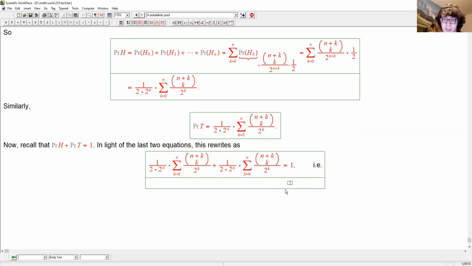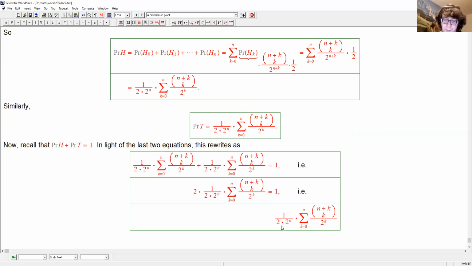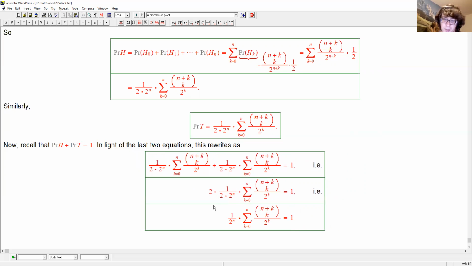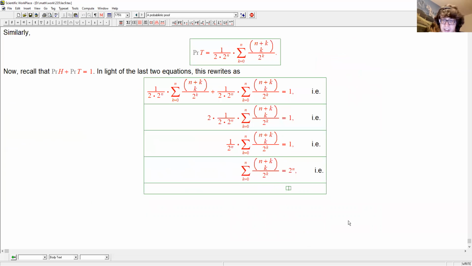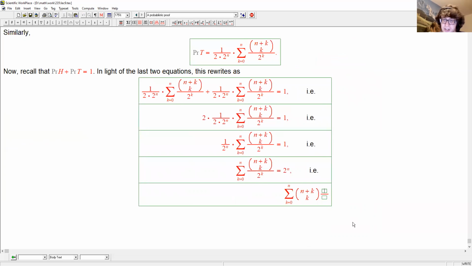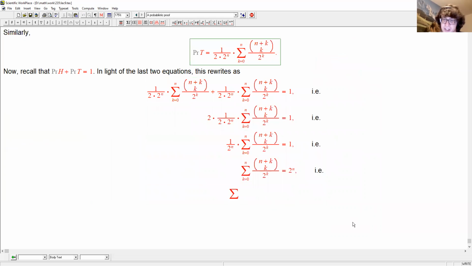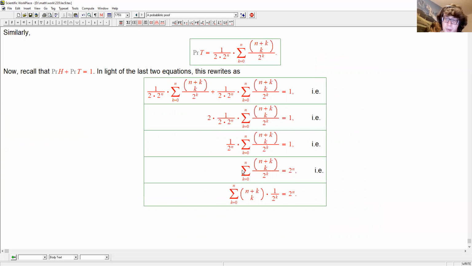So instead of summing this thing to itself, you just multiply it by 2. Now we can, of course, simplify this further. Instead of dividing by 2 and multiplying by 2, I just cancel the 2 here. And of course, I can bring the 2 to the n to the right-hand side. And this denominator, I can rewrite by bringing the 2 to the k here. And this is what we wanted to prove.